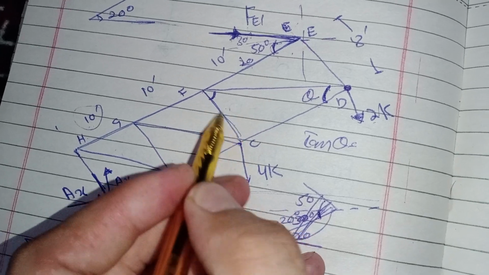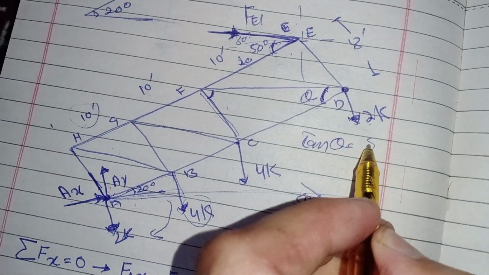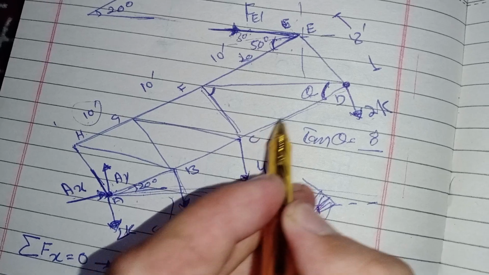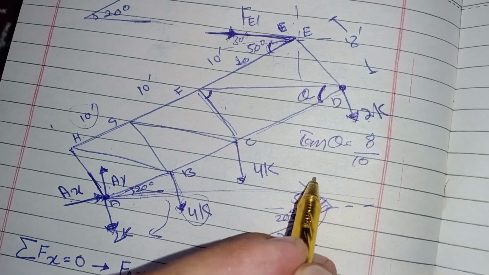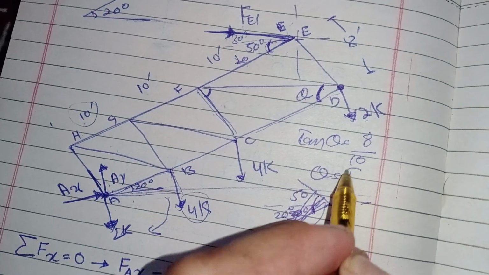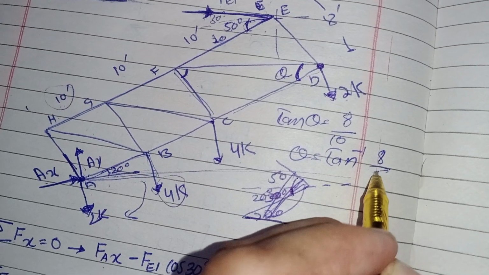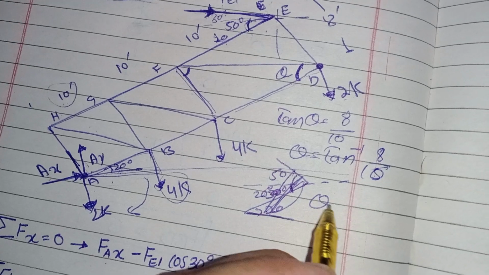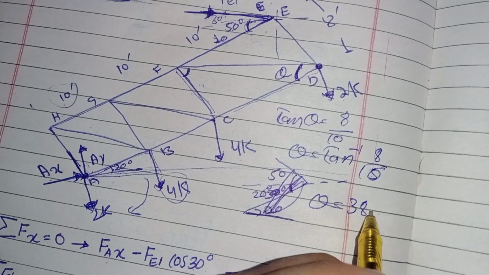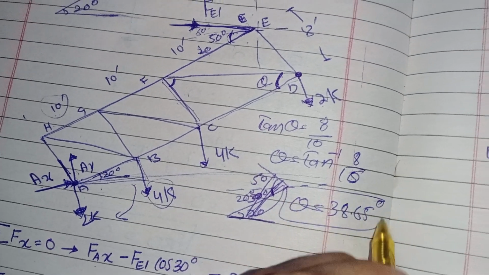Opposite is here, and this is 8 feet. Adjacent side is 10 feet. So theta will equal tangent inverse 8 divided by 10. So theta will equal 38.65 degrees. Okay.